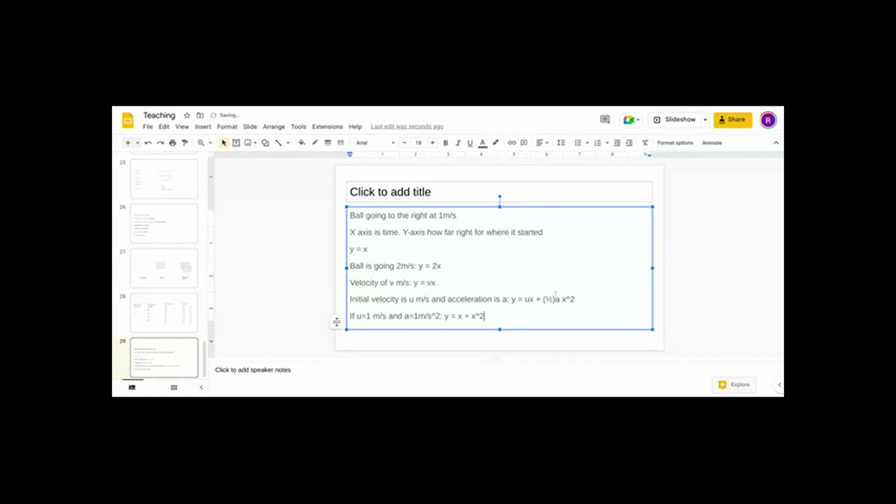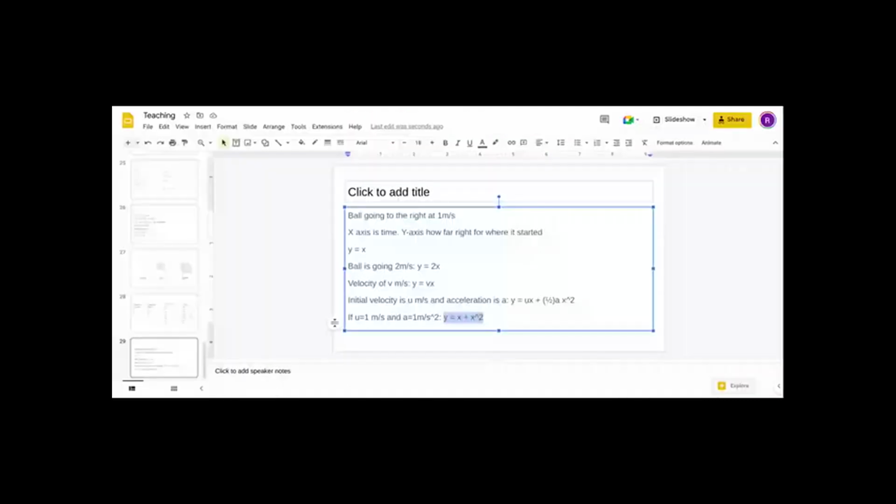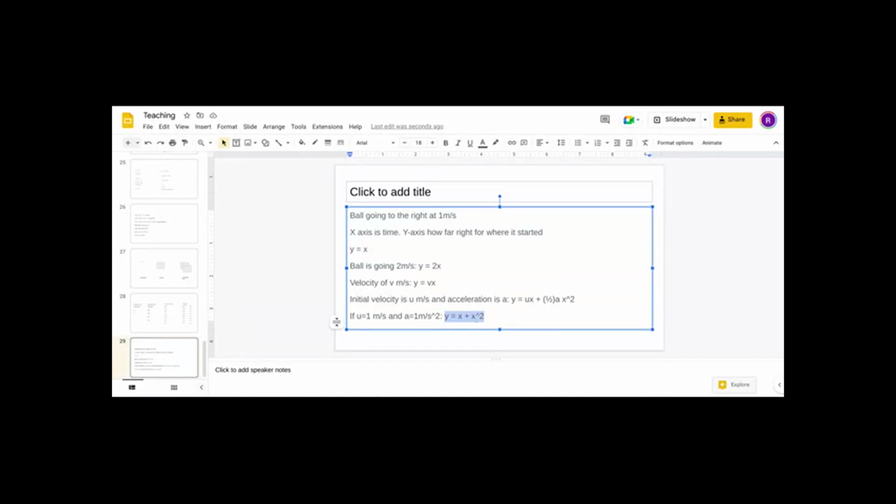Correct? So let's try to plot this and see how it looks. Oh, sorry, I forgot the half. So x plus 0.5 x squared.